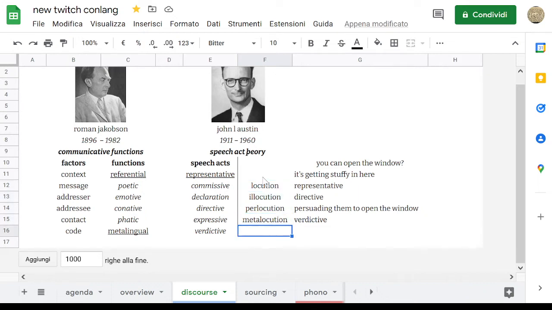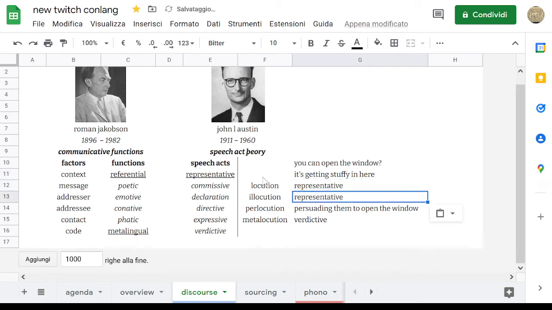Language always operates on multiple levels, but because this isn't meant, for the most part, unless people want to learn this language, to be used for communication between people, other than reading it, I guess, mostly my locution will be representative, and I would probably have my illocution also be representative.